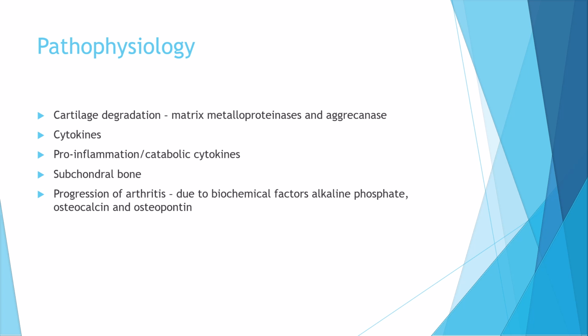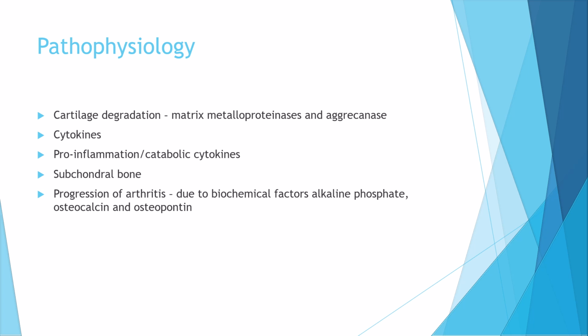Subchondral bone. Osteoarthritis is characterized by subchondral bone sclerosis, thickening of the cortical plate, extensive remodeling of the trabeculae, and formation of new bone at joint margins, which are the osteophytes.